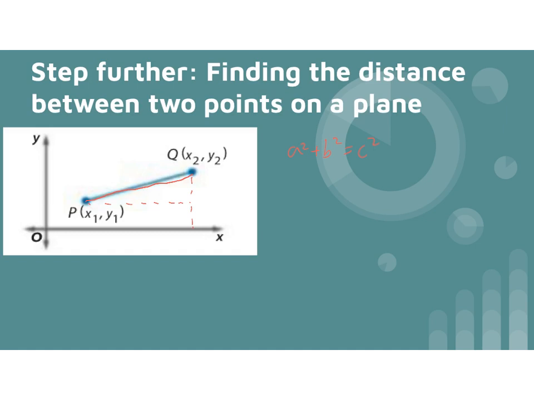So we get a formula of PQ is equal to square root of x2 minus x1 squared plus y2 minus y1 squared.